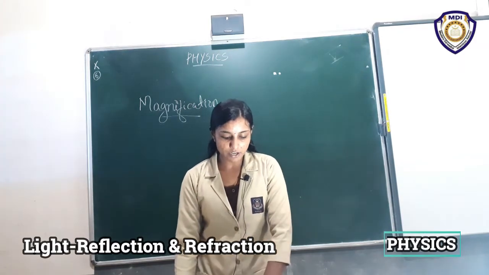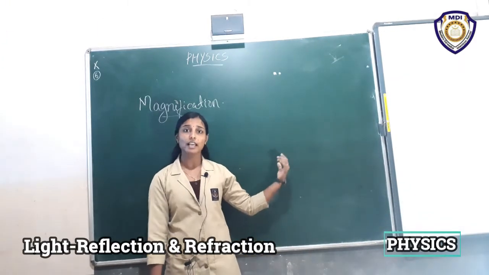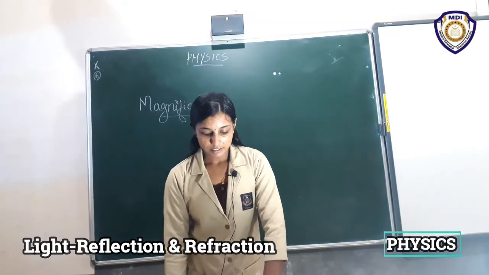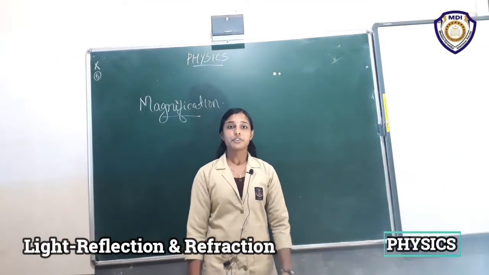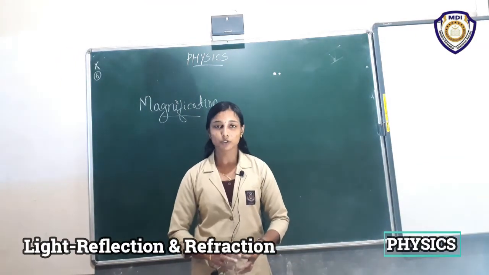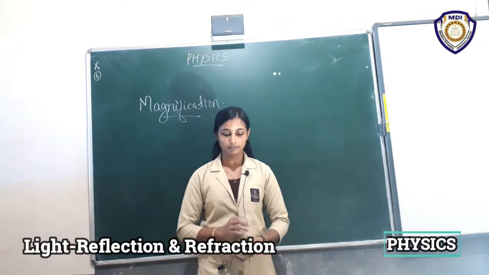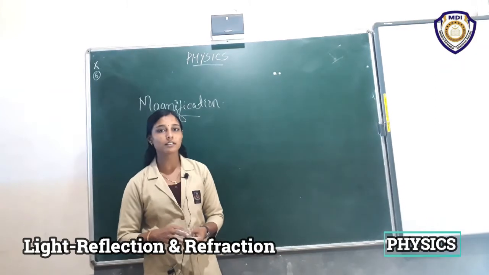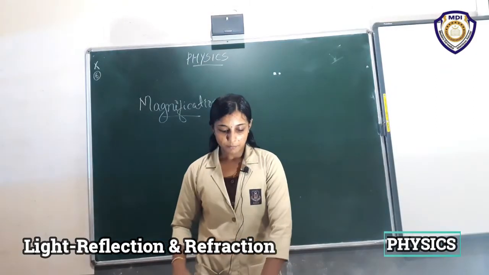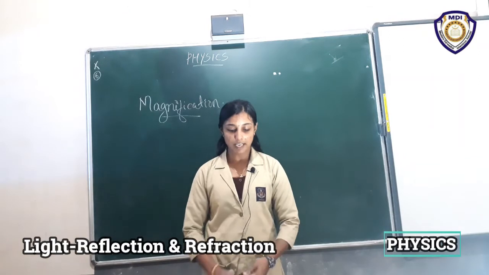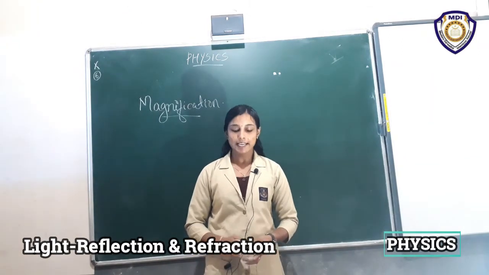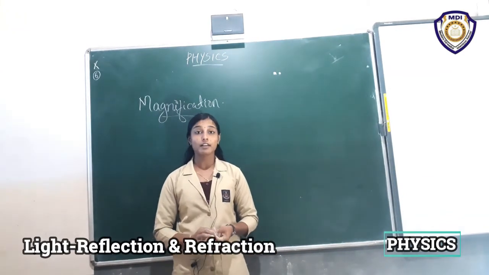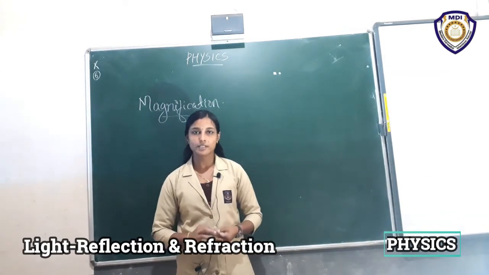So what is magnification in the case of spherical mirrors? The magnification produced by a spherical mirror gives the relative extent to which the image of an object is magnified with respect to the object size.